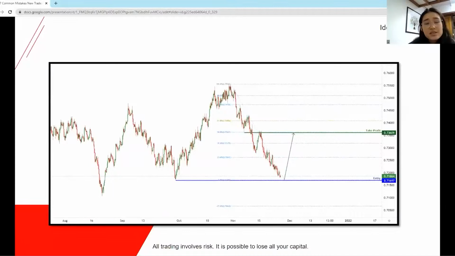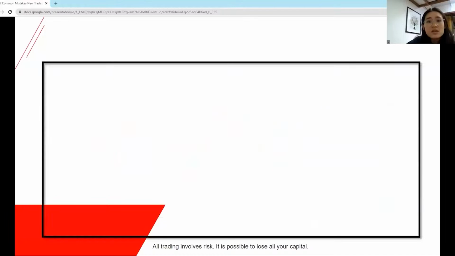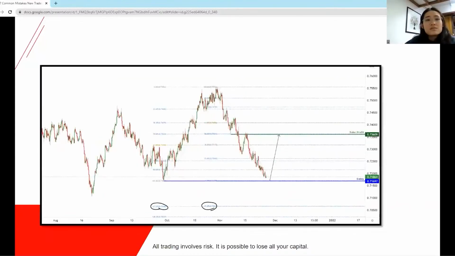Okay, here's another example. We have our entry here at the swing low and our take profit at our first resistance level. We're expecting price to rise from our entry to our take profit while keeping note of some of these Fibonacci levels over here.